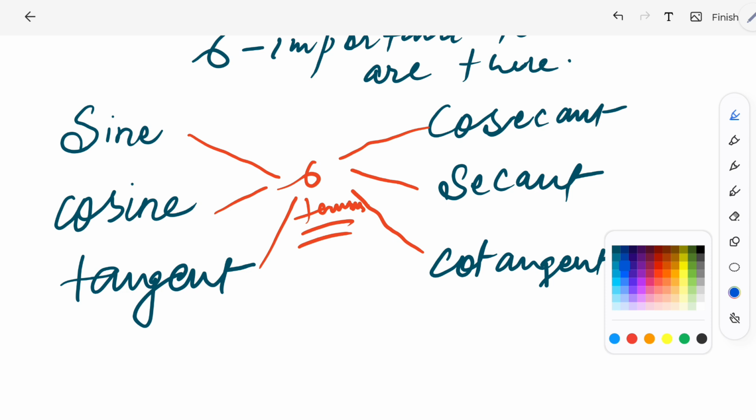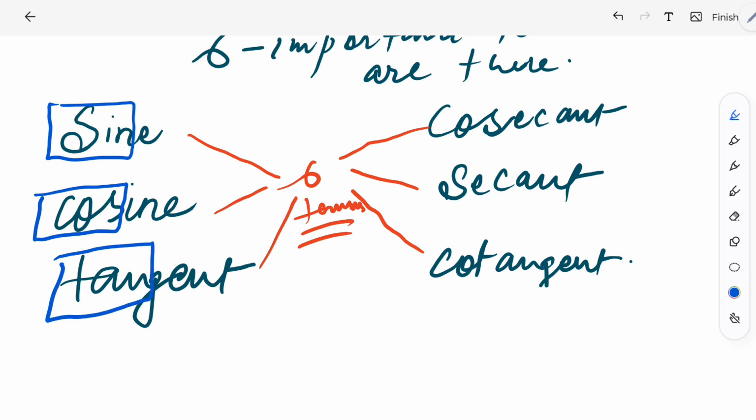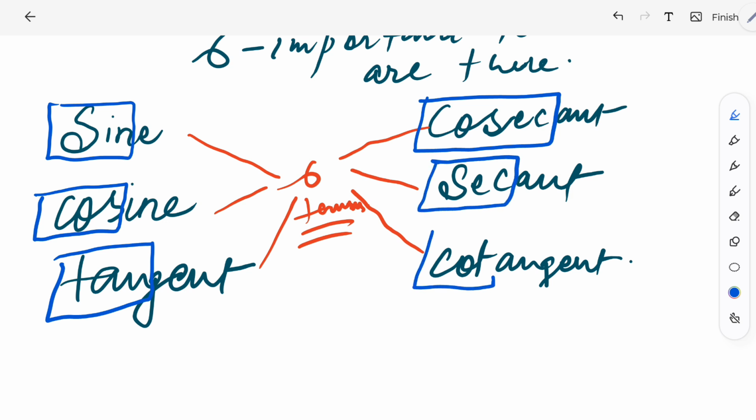We will use sin, cos, tan, cosec, sec, and cot. So these are the short forms.